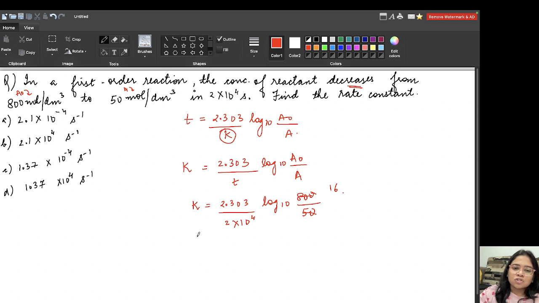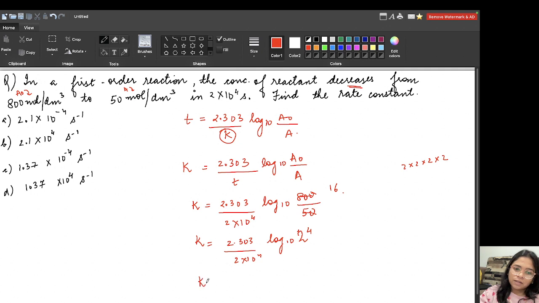Log 16. So k equal to 2.303 by 2 into 10 to the power 4 log 16. Log 16 I can write as 2 raised to the power 4, right?